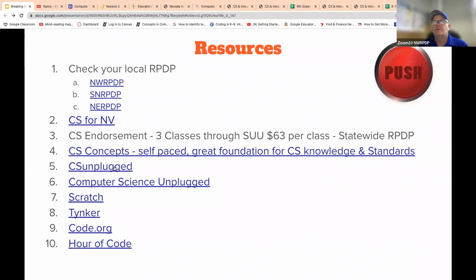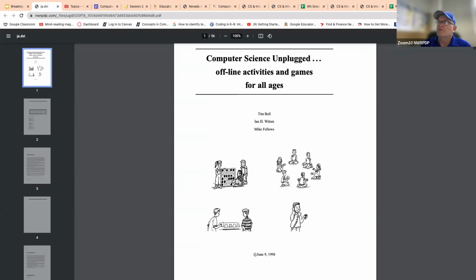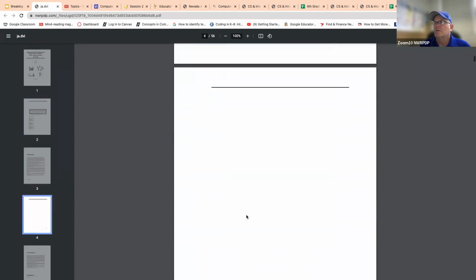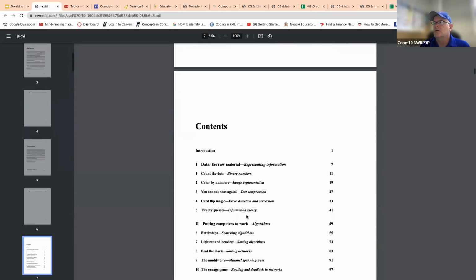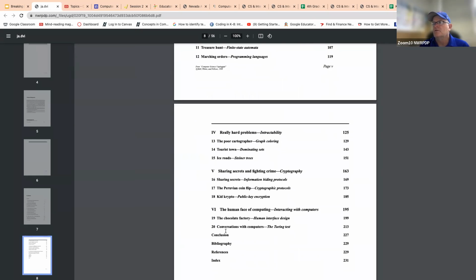You also have a book. This is a PDF book of Computer Science Unplugged, a bunch of offline activities and games. And I believe they have, was it 24 or 16 different lessons, 20. So there are 20 different lessons in here that are put together for unplugged activities.